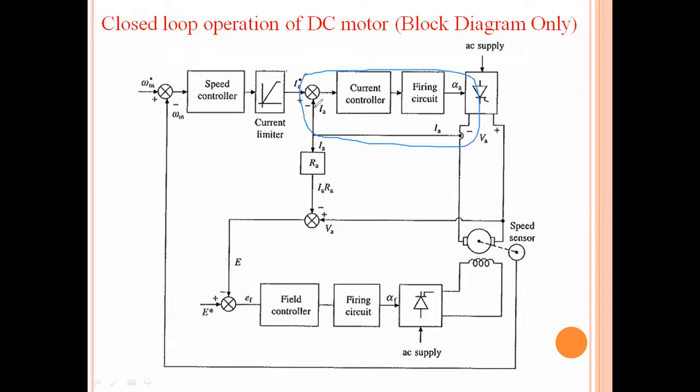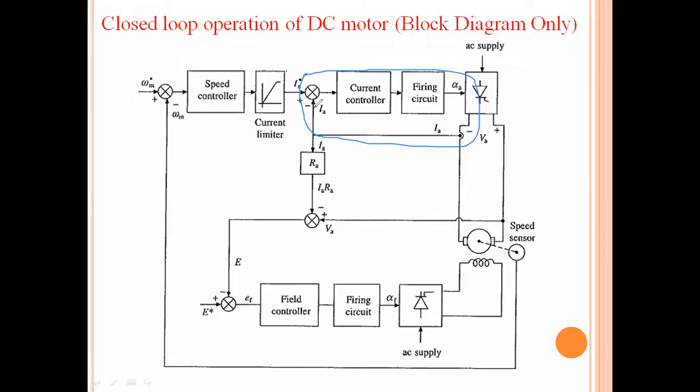A locomotive at the point of starting requires a high amount of torque, and at the time of braking it requires a different torque, and at the time of speed reversal, when it is going in the reverse direction, then it will need a different torque.